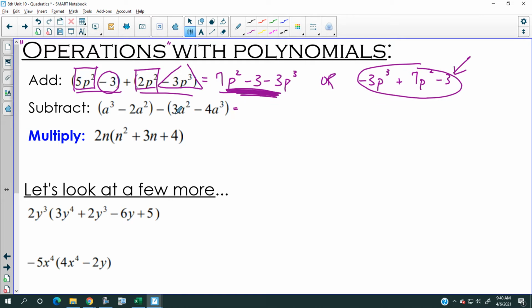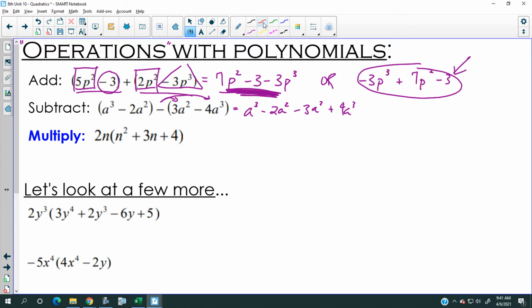Now, this second one, we're going to subtract 2 expressions. Notice we've got a parentheses here, so you have to be careful. This is actually being distributed, so I'm going to rewrite that first. By the way, if you want to press pause and do this on your own as a review, you're more than welcome to. So 3a squared, that's minus 3a; negative times negative is positive, that's plus 4a to the third.